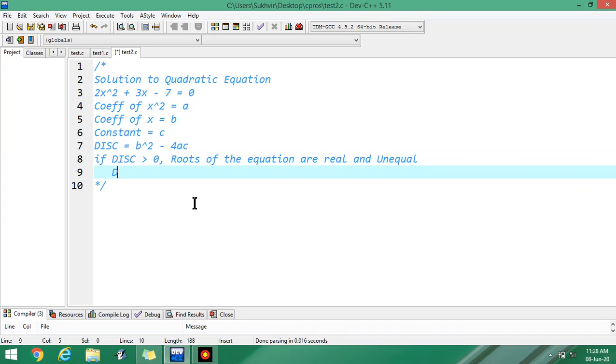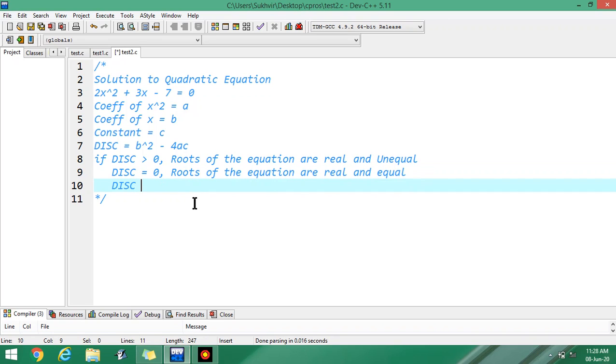Second, if the discriminant is equal to 0, then the roots of the equation are real and equal.